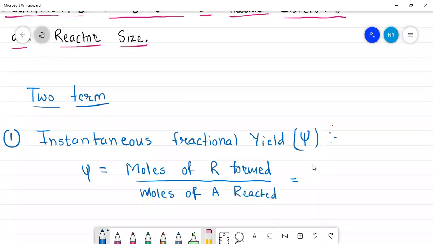So it is ultimately dCR divided by dCA. This is the instantaneous yield. How can I find out the instantaneous yield?